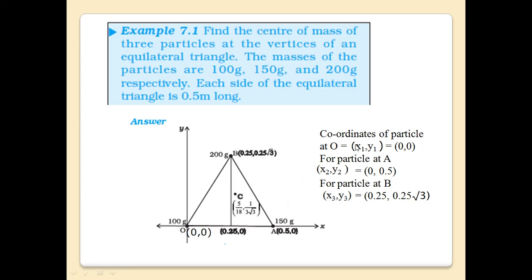So here we have the coordinates of the particles. The particle at O, x1, y1 will be 0, 0. The particle at A, x2, y2 will be 0, 0.5. And the particle at B, x3, y3 will be 0.25, 0.25 root 3.